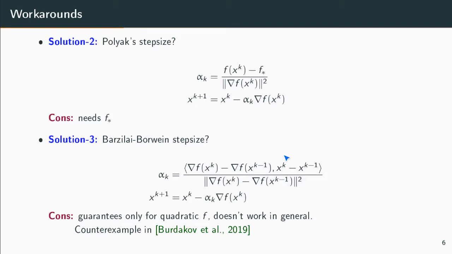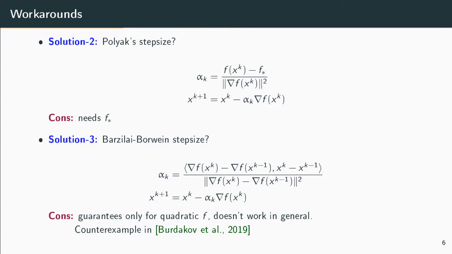Unfortunately, the theory only works for the quadratic case, and you can construct a nice convex function, even strongly convex, where this method will fail, or even a modification of this method will fail. So it's not reliable.